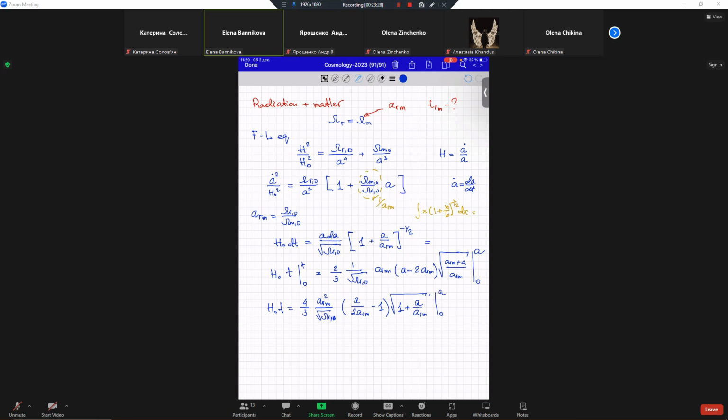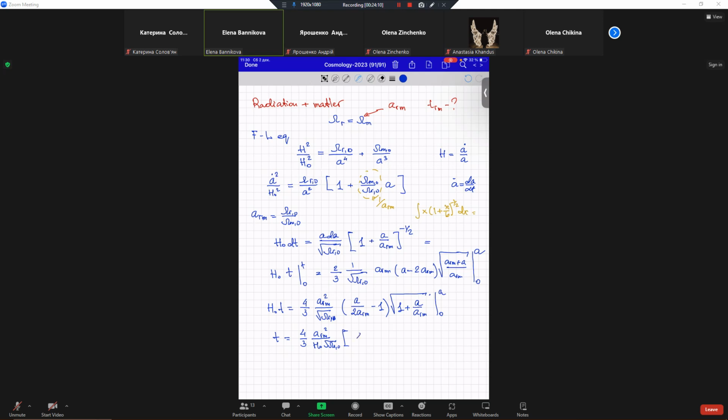So we need to substitute when a equals 0 and when a equals a. If you do it, it's just a simple substitution. So finally we have what will be important for us. We will have the final expression that t equals 2 divided by 3 a_eq squared divided by H0 omega R0.